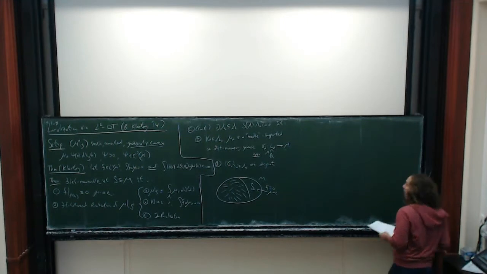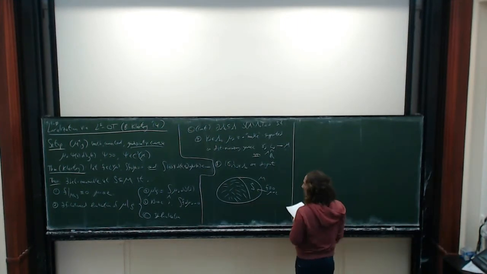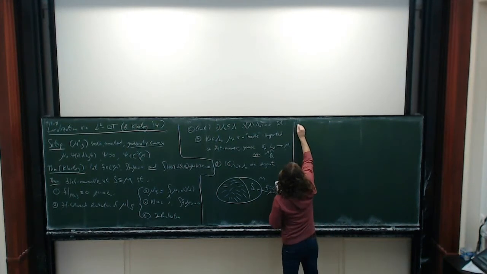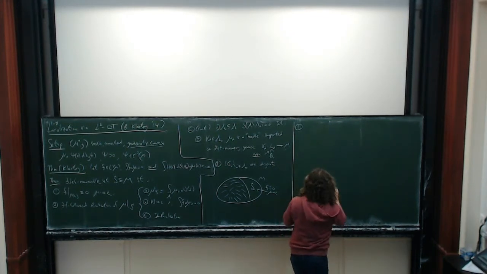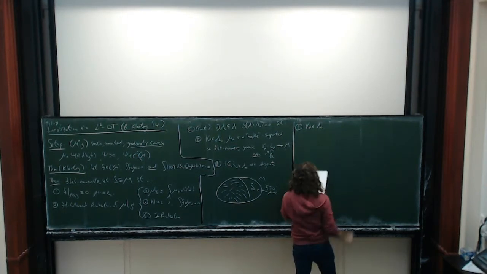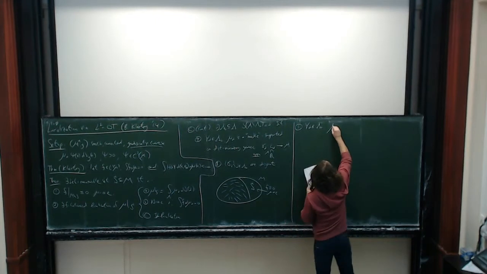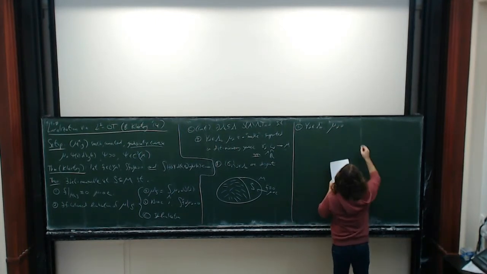Now what about the density? We want to say something about the density of these needles. So this is number 3: density. For any alpha in this good set of indices of needles, mu alpha has the following density.